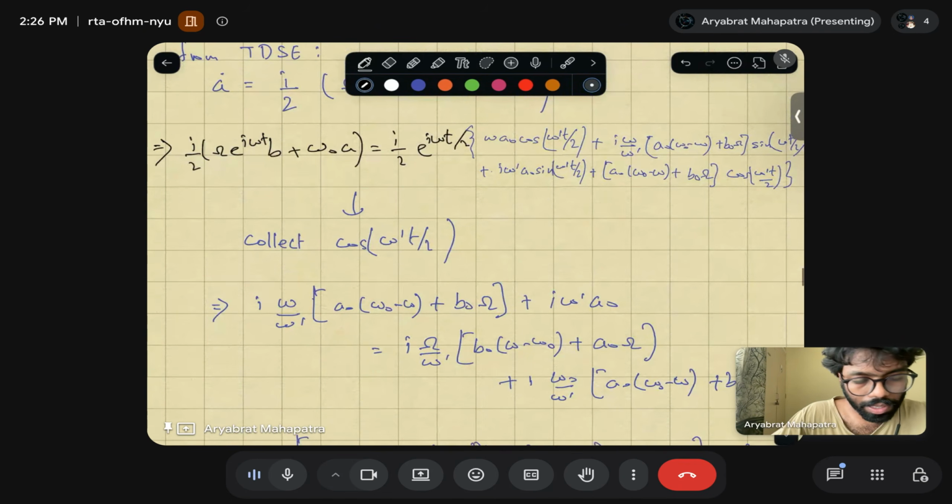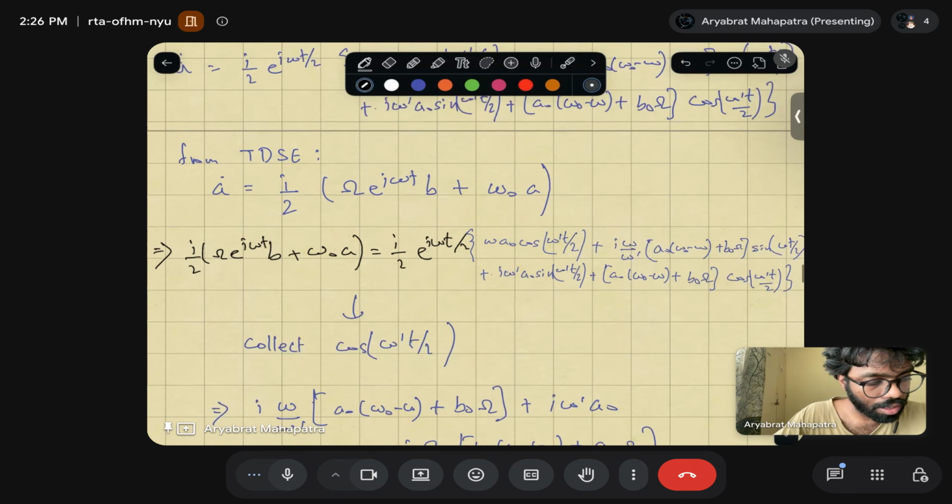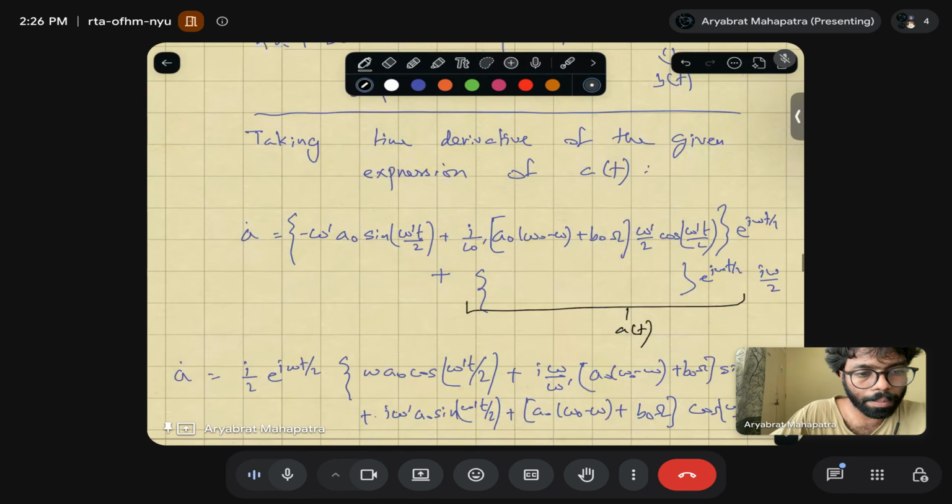But here, as we have seen, particularly in the context of spin half systems, this is all a time dependent system where we have not used any potential. We started out with the exact Hamiltonian expression, which is minus the dot product of the magnetic moment and the external magnetic field, and that external magnetic field happens to be time dependent.